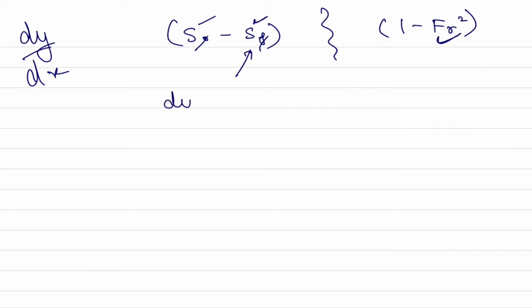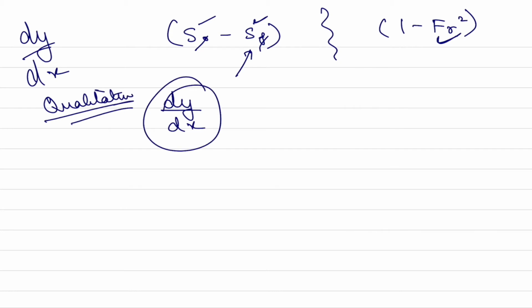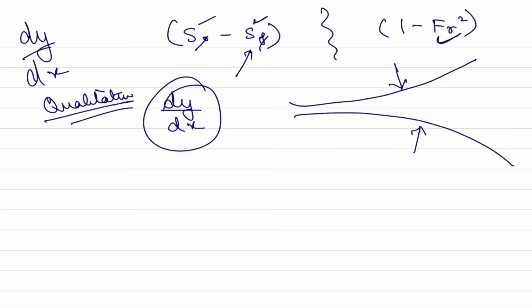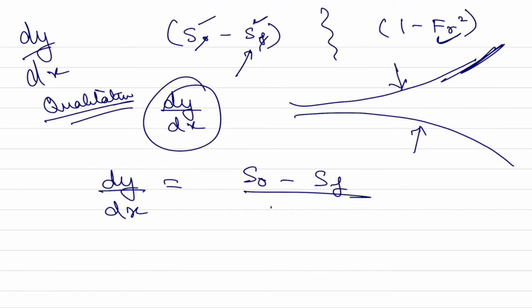So here our objective is to understand qualitative variations in dy by dx, that is, under different conditions, whether the depth of flow will increase, whether it will decrease, whether it will be concave upward or concave downwards. So we will name these profiles, and that is what we will try to cover in this module, how to name these profiles and develop understanding about that. But our governing equation is going to be dy by dx equal to (S naught minus SF) divided by (1 minus Froude number square).